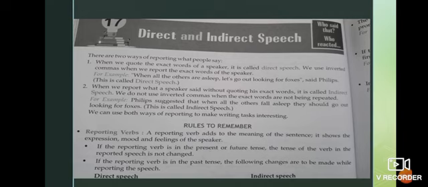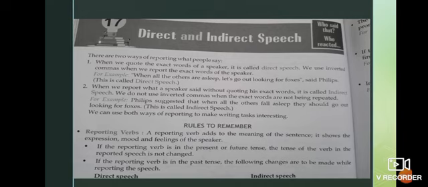Now see the definition. When we quote the exact words of a speaker, it is called direct speech. We use inverted commas when we report the exact words of the speaker. See the example, children.